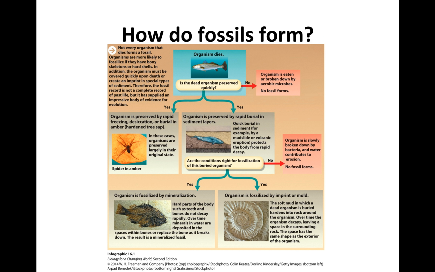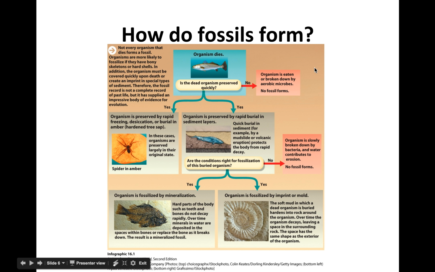So, how do fossils form? Well, not everything dies and forms a fossil. It has to be under very, very special circumstances. So, here's kind of a flow chart on how it happens. In order to become a fossil, you need to basically lie down in the sediment.